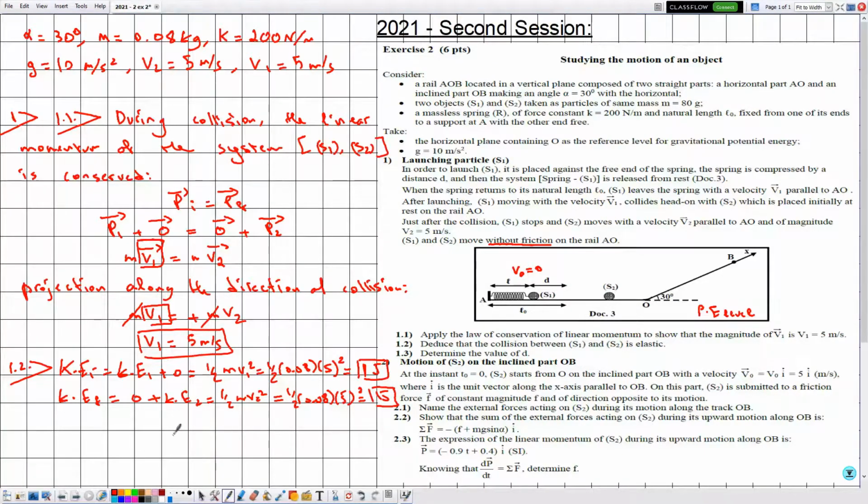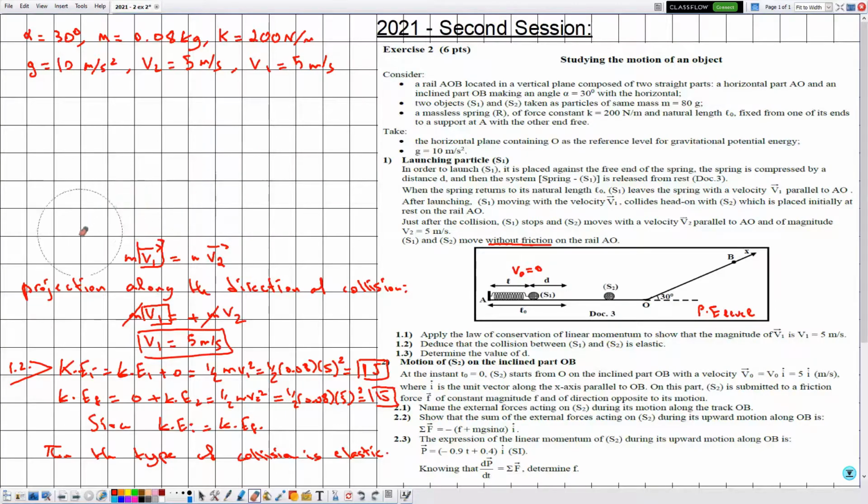Now let me say that since kinetic energy initial is equal to kinetic energy final, then the type of collision is elastic. Let me make some space here.